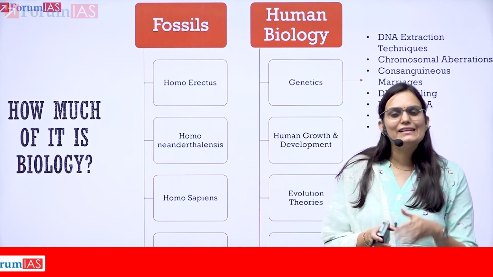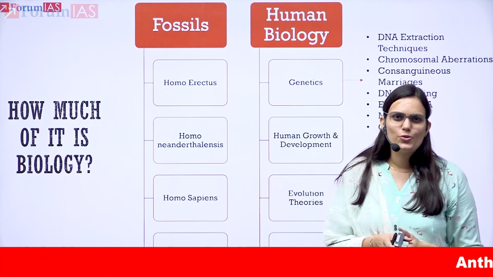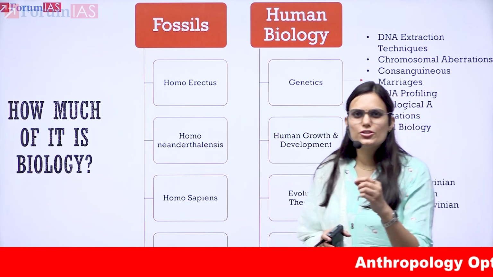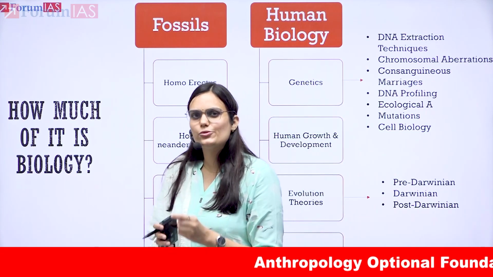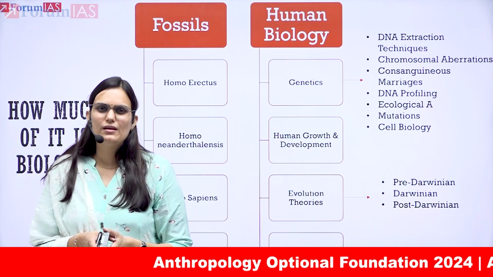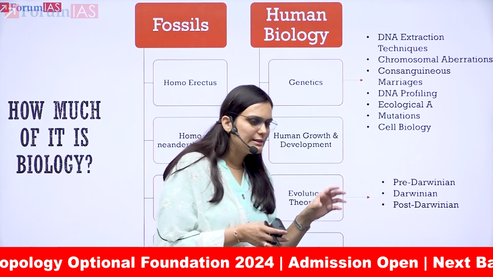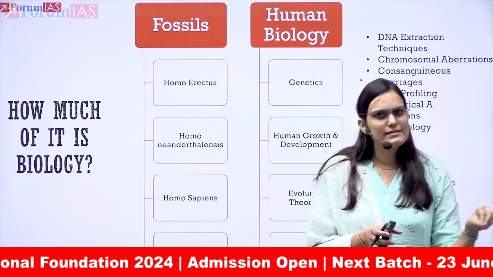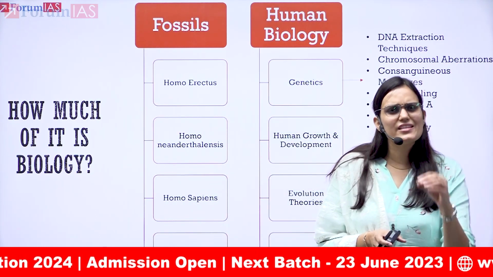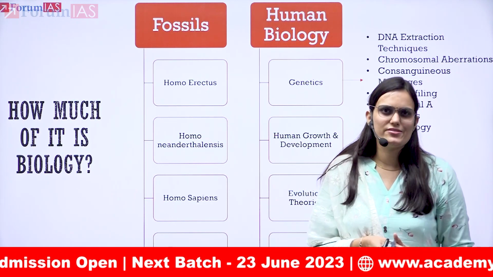Clear? And that brings us to the most popular question here, that how much of biological human evolution are we going to study? Biological anthropology forms approximately 35% of the entire subject, and it is broadly divided into two parts.